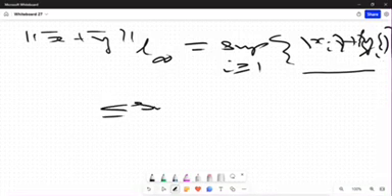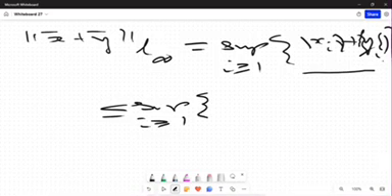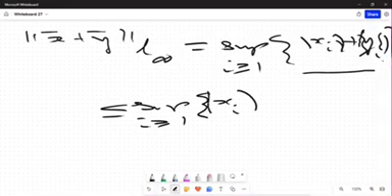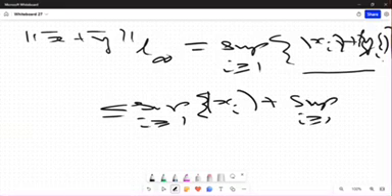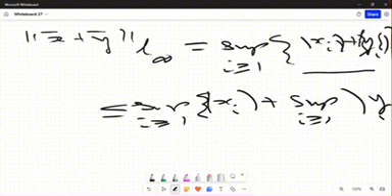So you remember one of the properties of this. This is less than or equal to the supremum over i greater than or equal to 1 of the modulus of xi, plus the supremum over i greater than or equal to 1 of the absolute value of yi. What is this one?